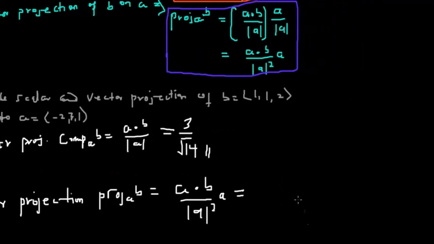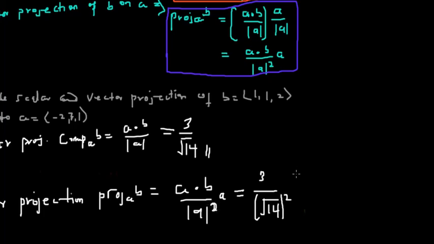Let's write this one out. Okay, we know that A dot B is 3 from here. So we have 3 divided by, we know that the length of A is root of 14. Okay, root of 14. Then you put this one in a bracket, and then you square it just like here in the formula.